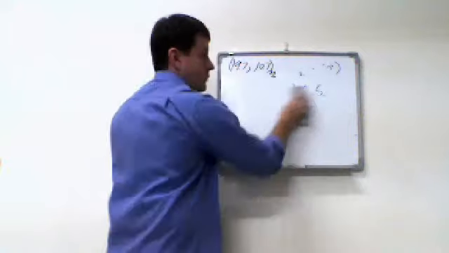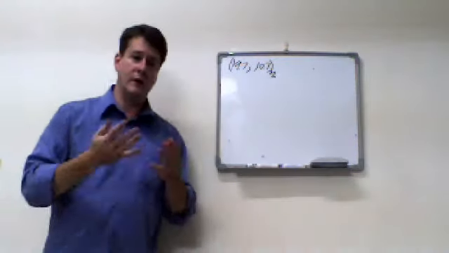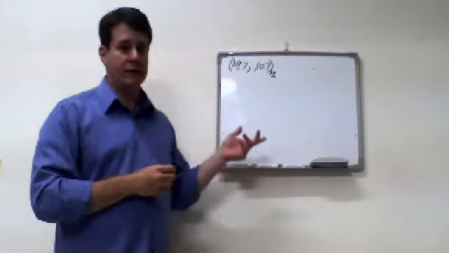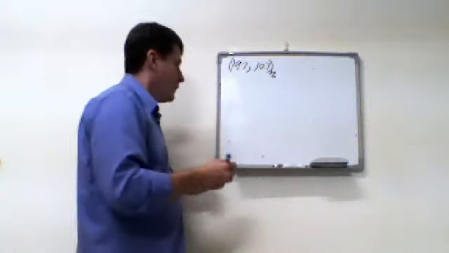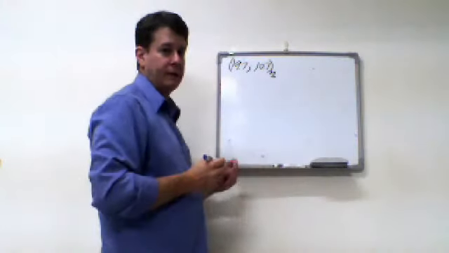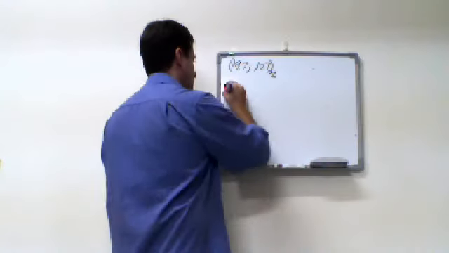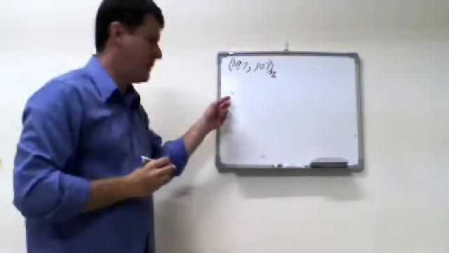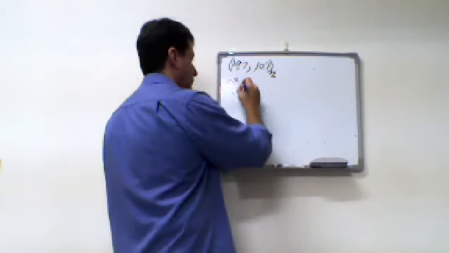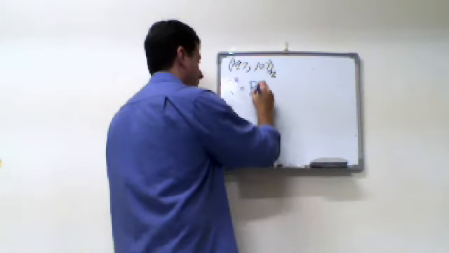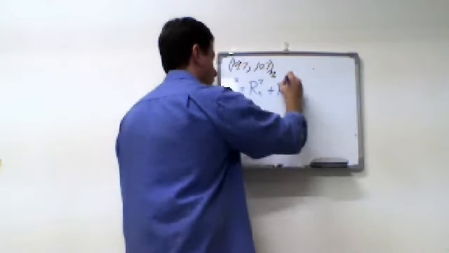Now, what we can do that we have these two values is we can go back to the other way of representing a vector, where we have the magnitude and the angle theta. So let's go ahead and do that. We'll call the resultant vector of these three vectors added together big R. Okay. So the magnitude of big R is just going to be R. And we know that R squared is going to be equal to R sub x squared plus R sub y squared.